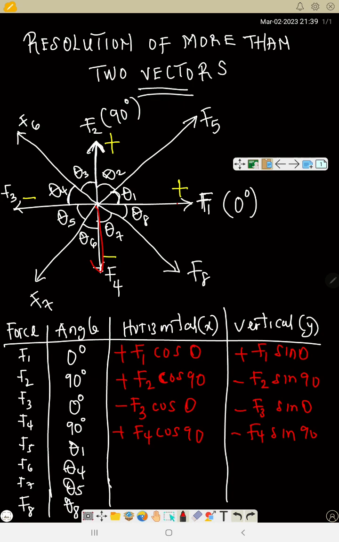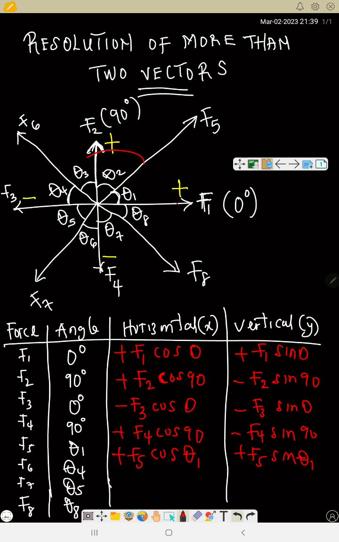The next force is F5. This is our F5. Move F5 to the horizontal, it will be this way, that is plus. Move the same F5 to the vertical, that is also plus. So we have plus F5 cos theta 1, and again plus F5 sine theta 1.